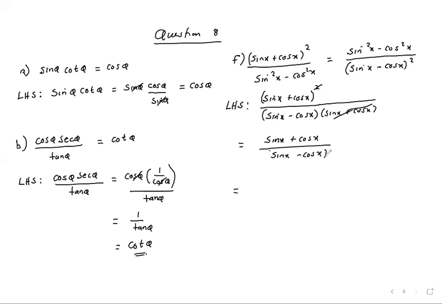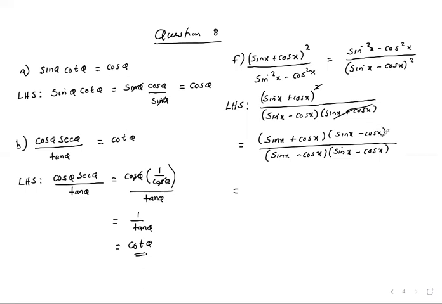So meaning that we need to come back and multiply by sin x minus cos x and do the same in the numerator to avoid changing anything. We multiply also by sin x minus cos x.